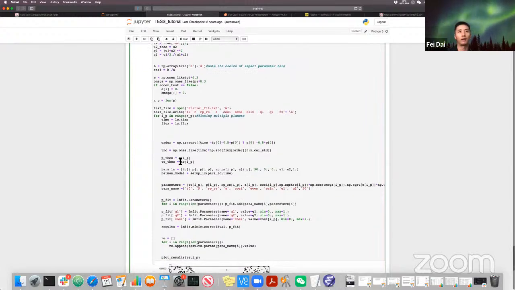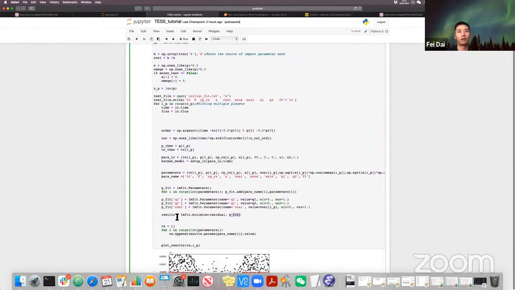I think the key command here is basically this lmfit minimize function. So lmfit, as I explained earlier, is the so-called Levenberg-Marquardt algorithm for doing gradient descent in high-dimensional space. The input here is basically the function we defined earlier, the residual function for calculating the difference between the model and the observation.